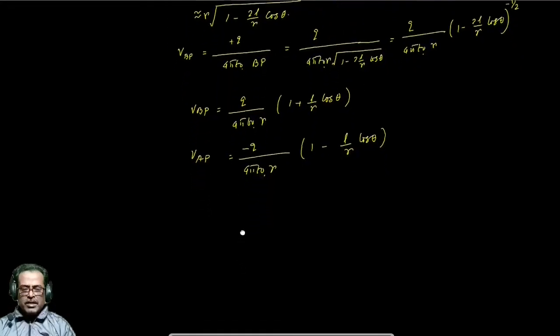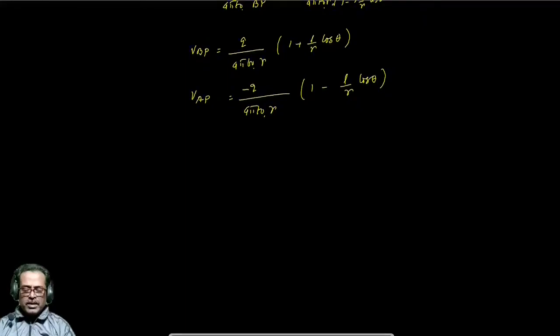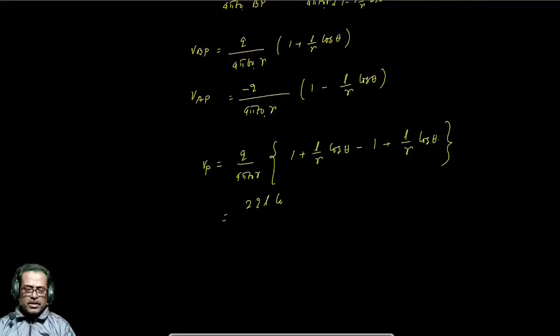So, net potential at this point, V at P, is equal to Q by 4 pi epsilon 0 r into (1 plus L by r cos theta minus 1 plus L by r cos theta), that is equal to 2QL cos theta divided by 4 pi epsilon 0 r square.